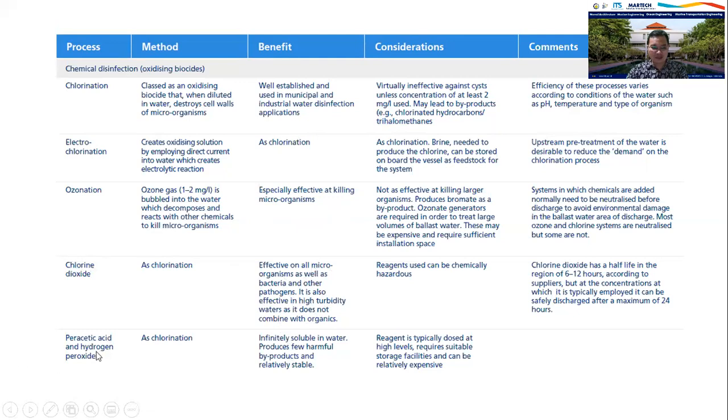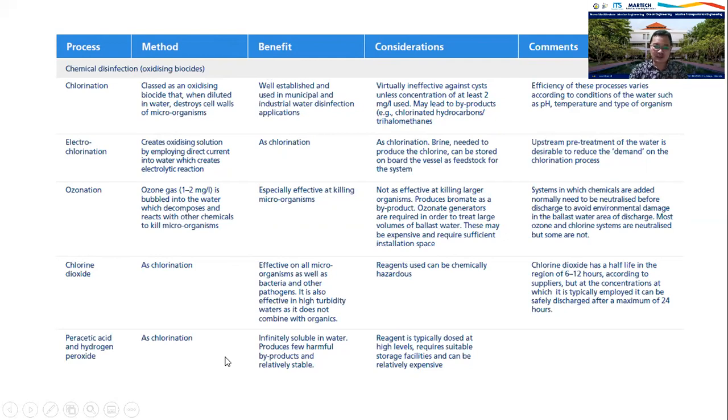Then there is also peracetic acid and hydrogen peroxide, infinitely soluble in water, producing few harmful byproducts and relatively stable.